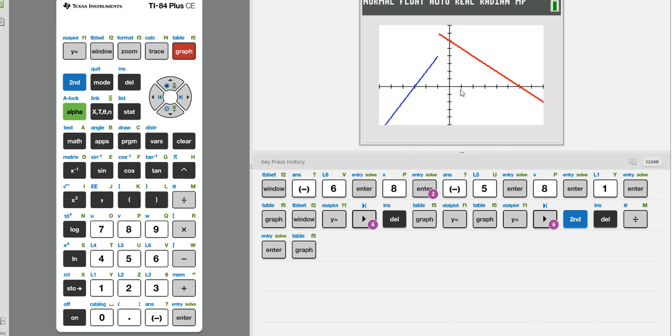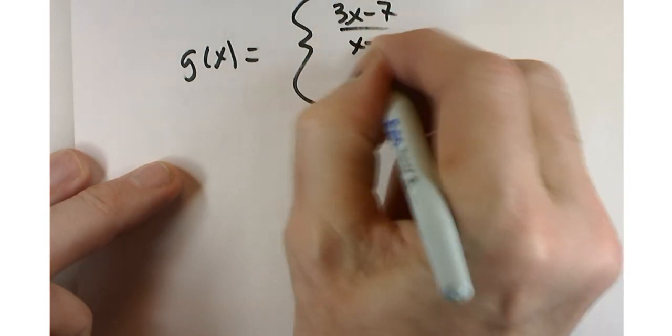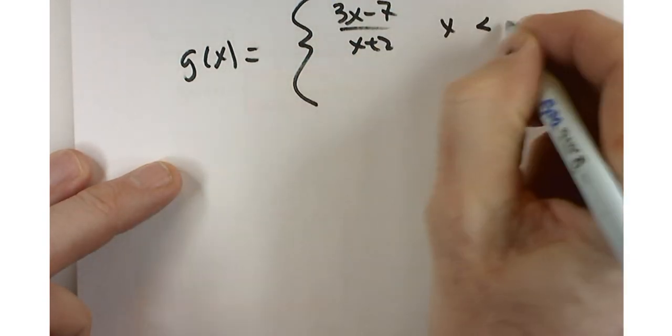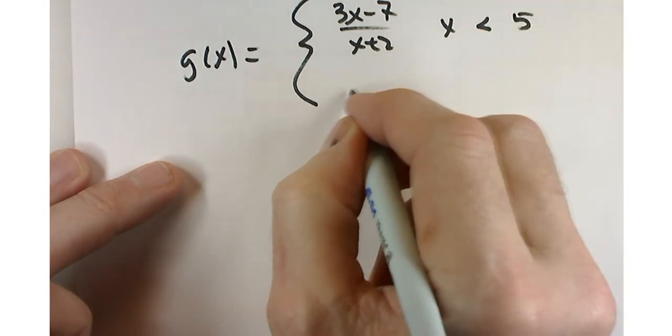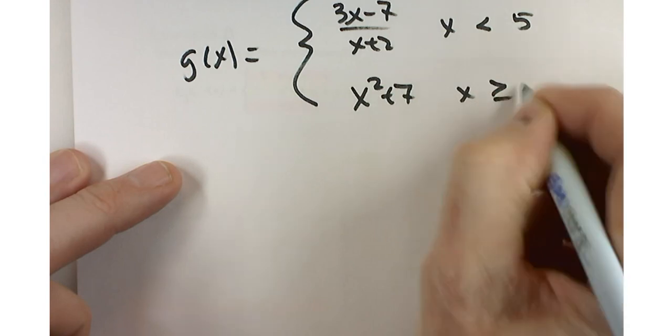So if I had a more involved function like you're saying, suppose I had g of x is 3x minus 7 over x plus 2 for x less than 5, and x squared plus 7 for x greater than or equal to 5.